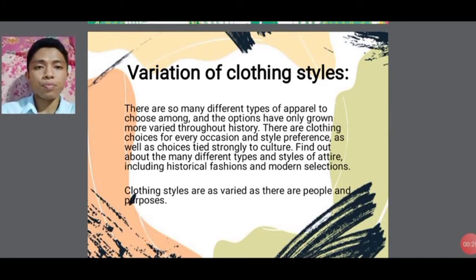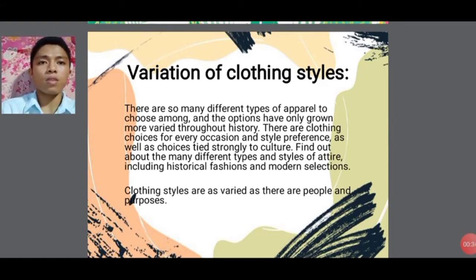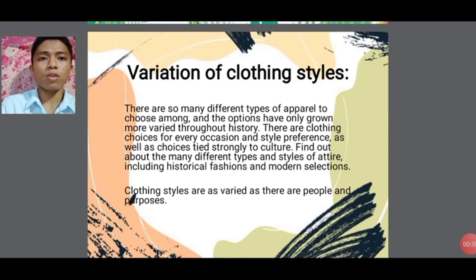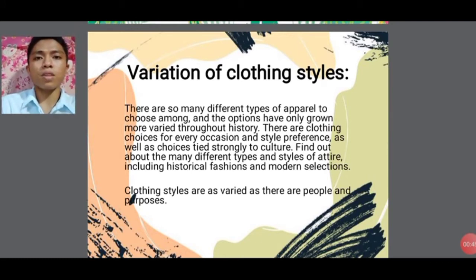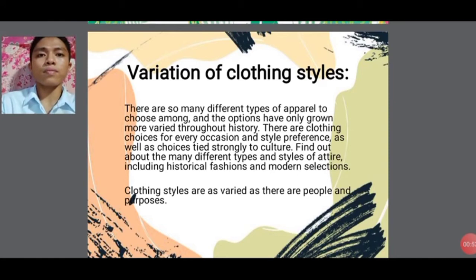So, meaning we have varieties of clothing styles. It is because we have different occasions that we need to wear an appropriate dress for this. So, also we have unique style preferences, on what to wear, on what we want to wear.